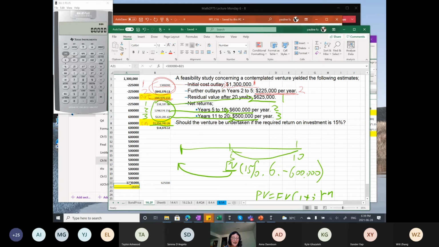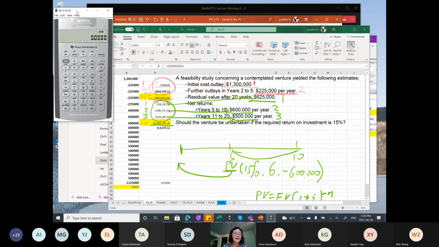So last year you have net return 1,125,000. Again, take a look at why I arranged the last year this way. You have to add the residue value for the last year. Once you figure this out, everything is ready.